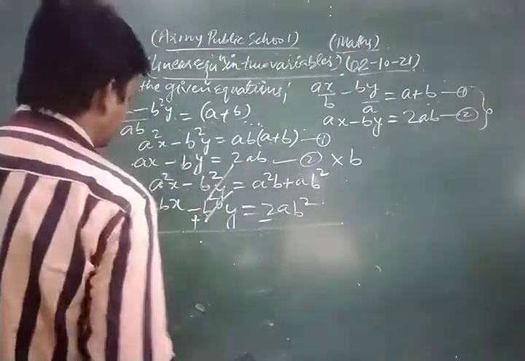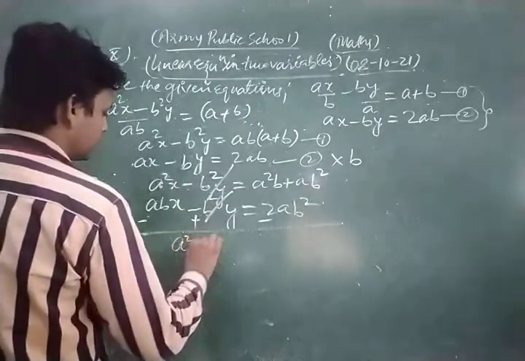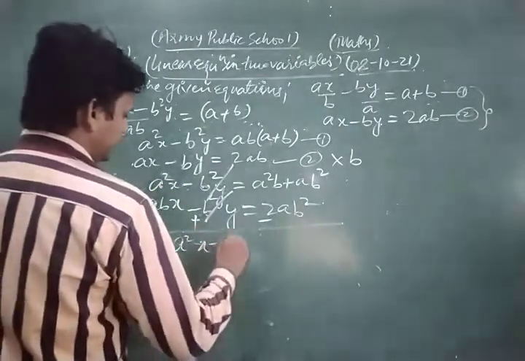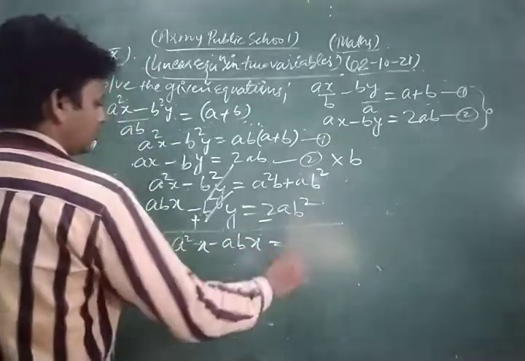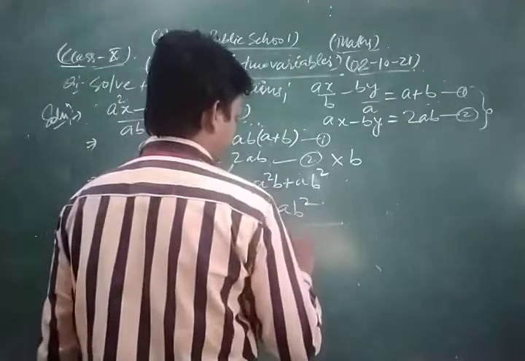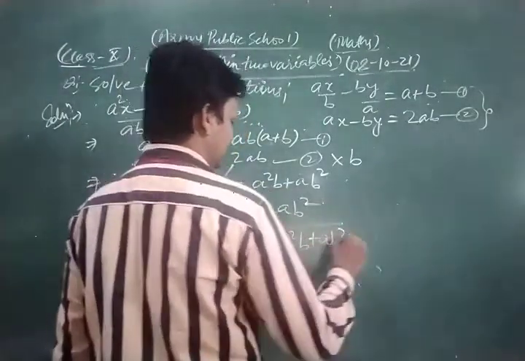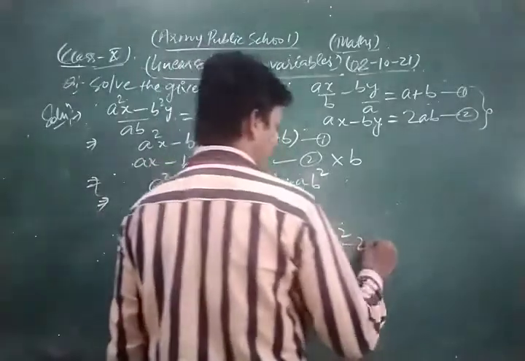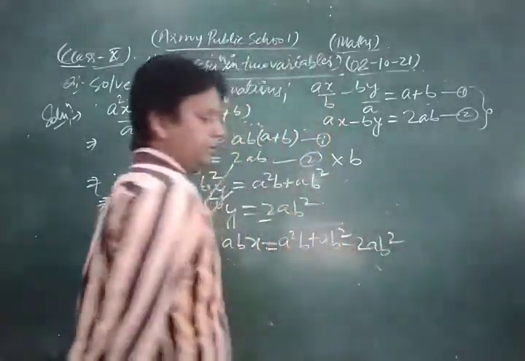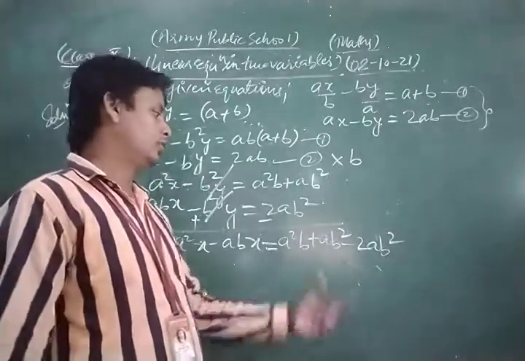Here we take ax as common. First of all we write a square x minus abx is equal to a square b plus ab square minus 2ab square. Now we simplify.